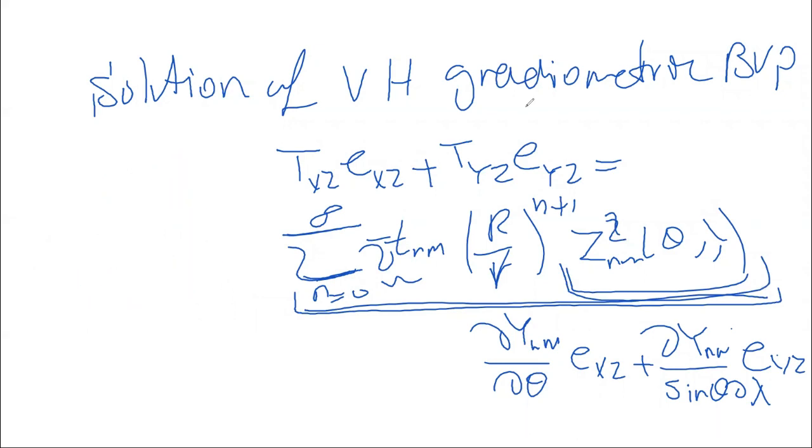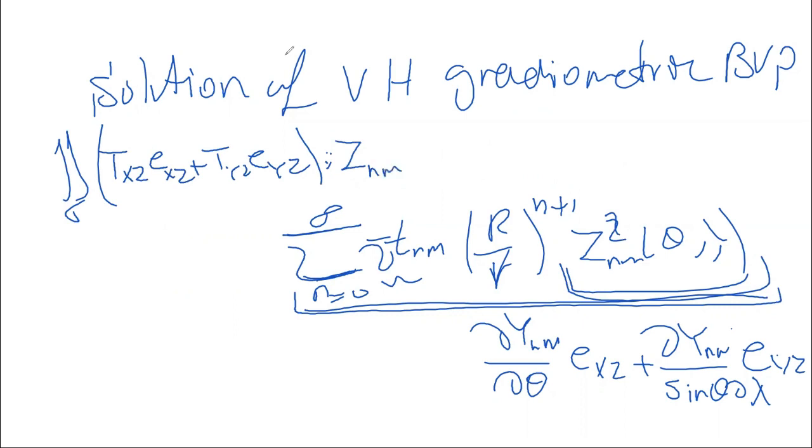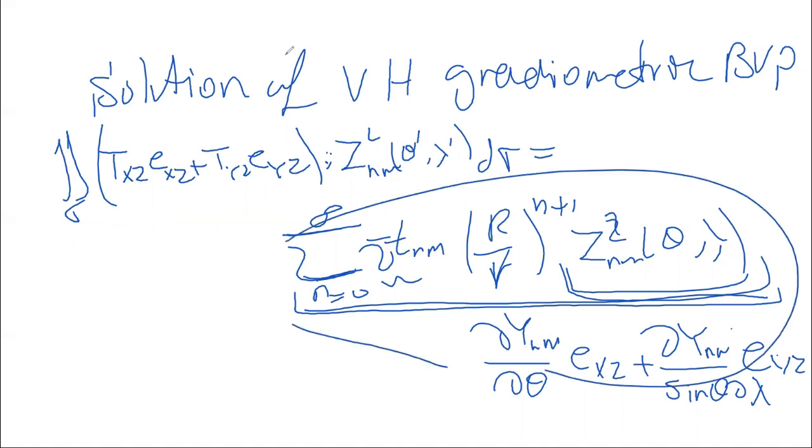So I'll try to write a little bit smaller, we have a lack of space here. So I write the integral of T_xz e_x plus T_yz e_y multiplied by the double product Z_n2 at theta prime and lambda prime, d sigma, equals to, now this term we multiply by this one again.